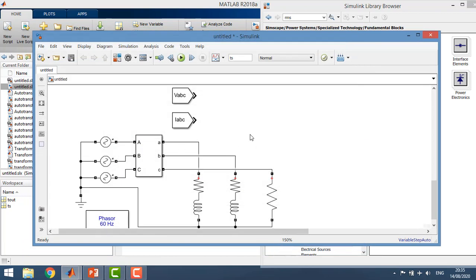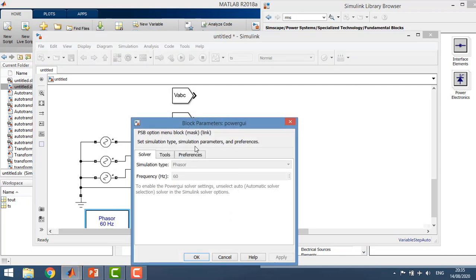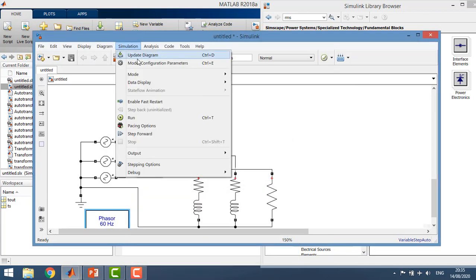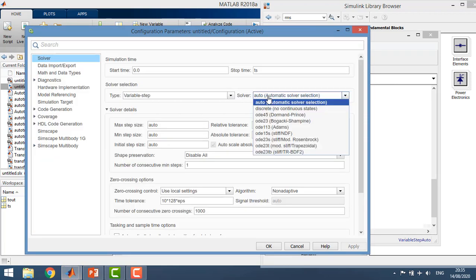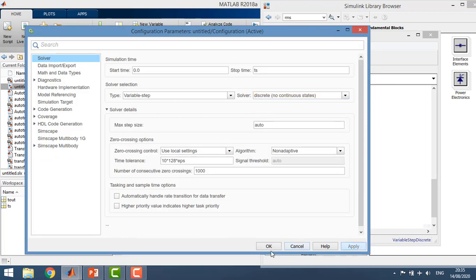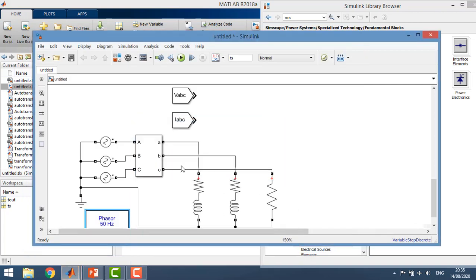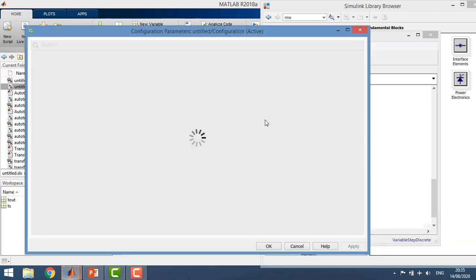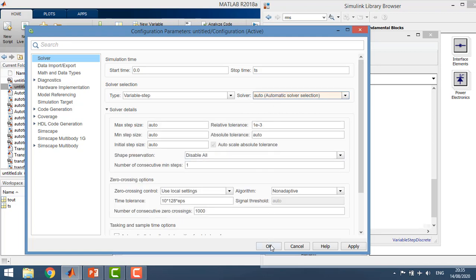Brilliant. Alright. Oh, sorry. With phasor we need to change the frequency to 50 Hertz. Let's go back and change this again, so it can select the server automatically.